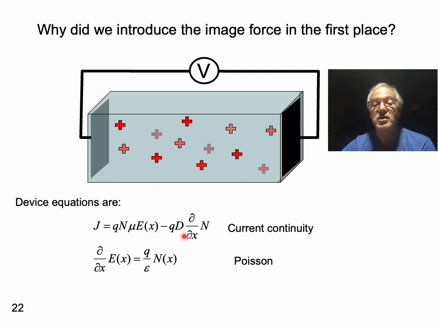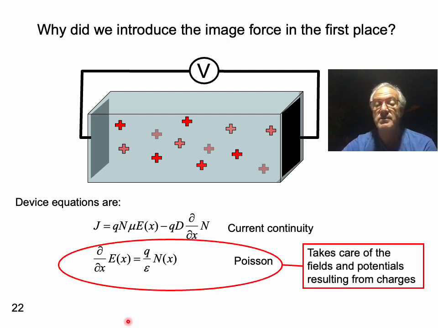We have the continuity equation. We have the Poisson equation. And we know the Poisson equation is taking care of all the charges and the potential that are being generated due to the charges, and takes into account the boundary conditions on both sides. So why do we need something extra? What's wrong with this that we need to make corrections?